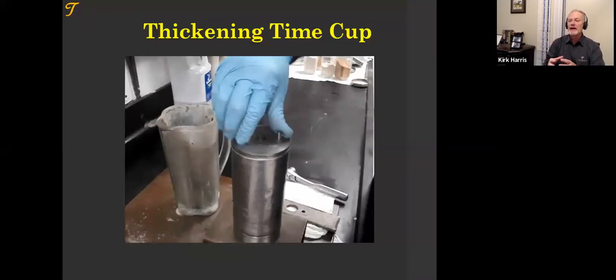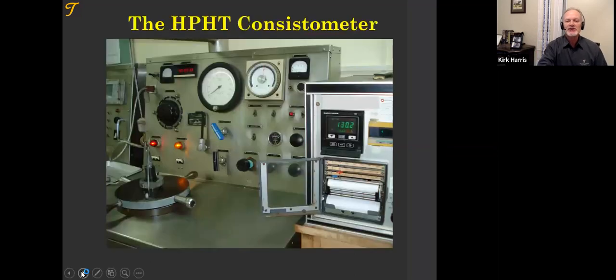Then we'll turn it upside down. We'll place it in the machine and put the potentiometer on top of it. We'll put it in the HPHT consistometer here. We put it into this cell, which is filled with mineral oil. We'll heat the mineral oil, and we'll also have a thermocouple that runs down into the center of our test equipment that will measure slurry temperature as well.